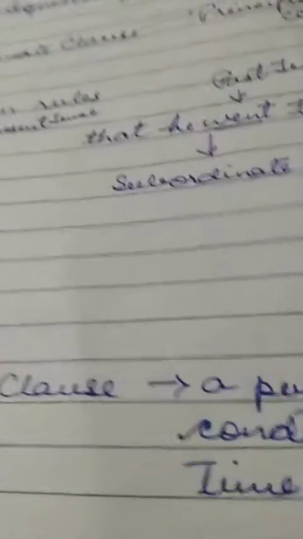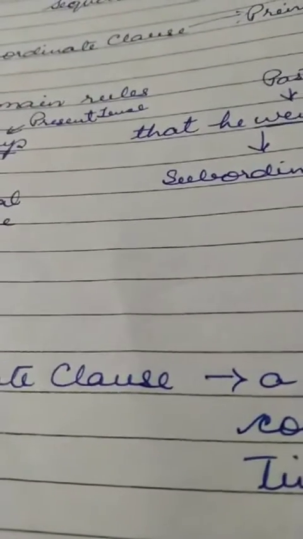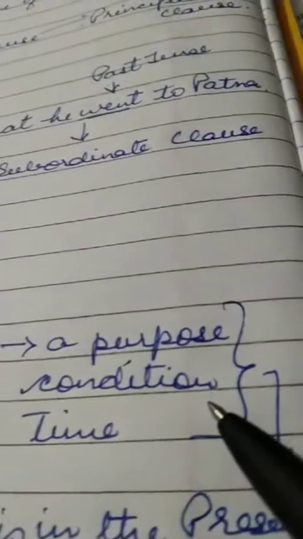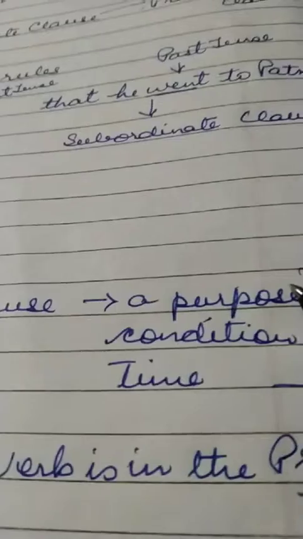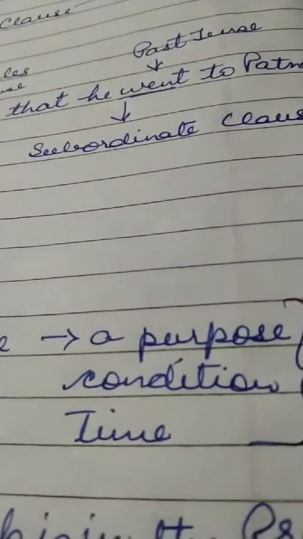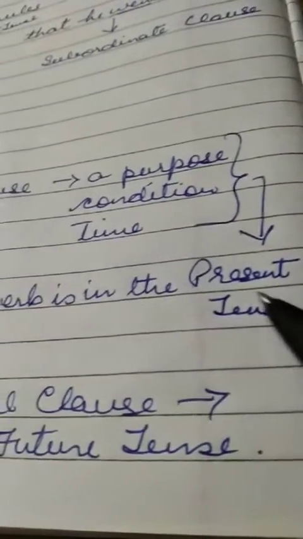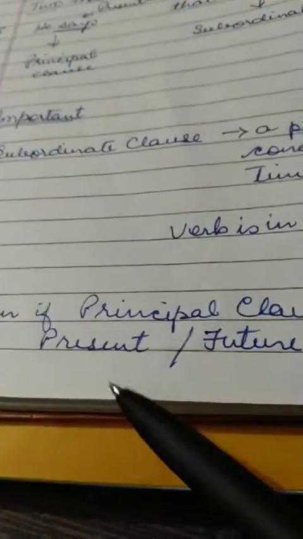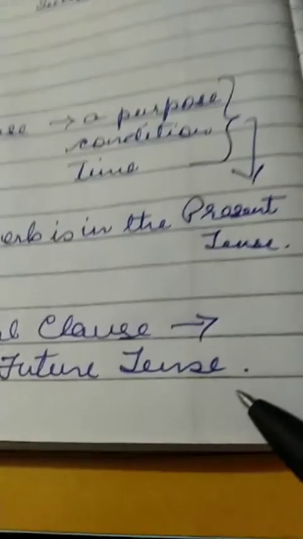So here, even if the principal clause is in the present or future tense, if the subordinate clause is expressing purpose, condition or time, it will always be in the present tense. Okay, this is the condition.